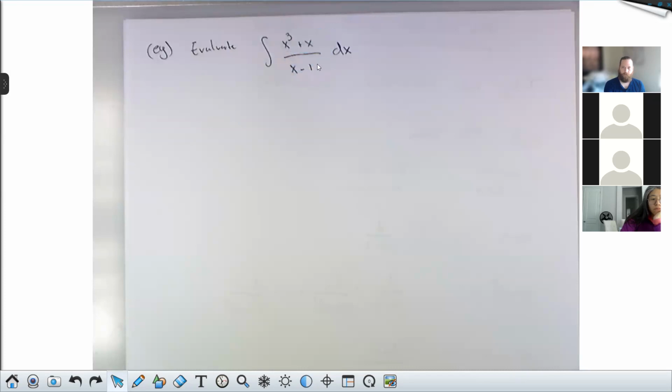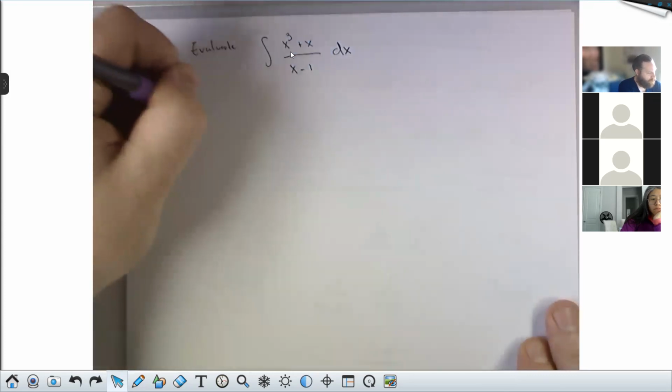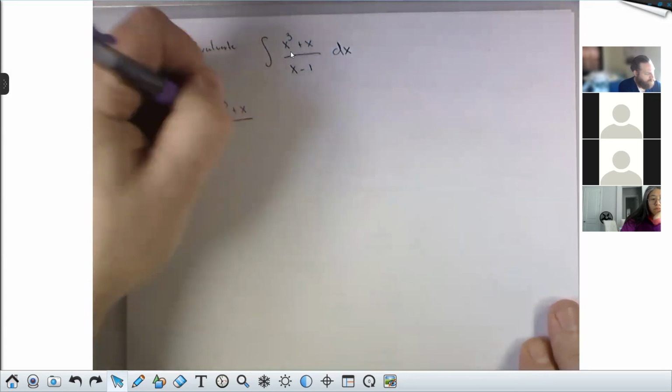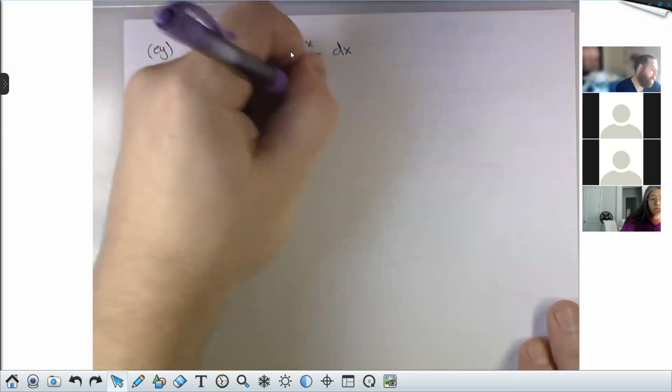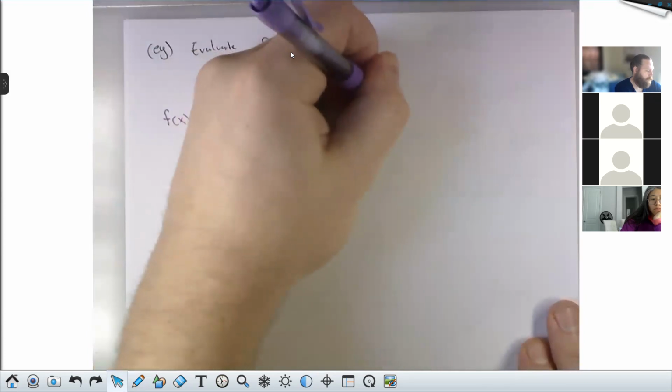So this falls into section 7.4. The degree of the top is 3. That's the largest power of x I see anywhere there. The degree of the bottom is 1. So this is not a proper rational function. So I'll say f of x equals x cubed plus x divided by x minus 1 is an improper rational function.